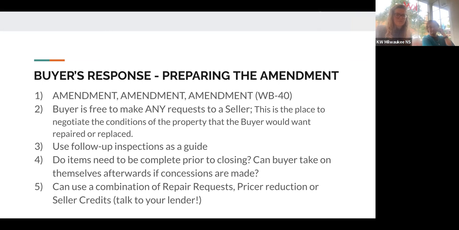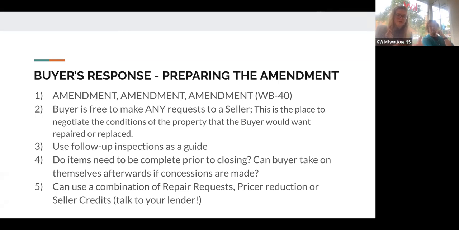This is another opportunity to call Joan or me and say, okay, we've got this that needs to be done, how can we get through this? Sometimes contractors are not available, or things need to go into escrow. The point here is that there are a lot of different ways that repairs can be made, whether it's actually being done prior to closing or coming to another agreement.